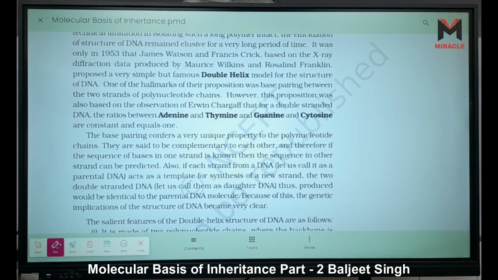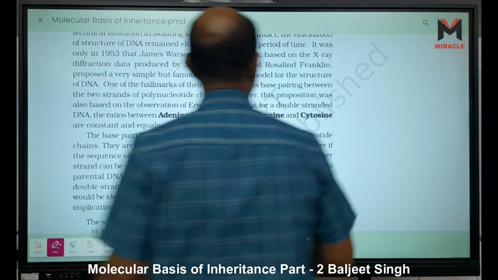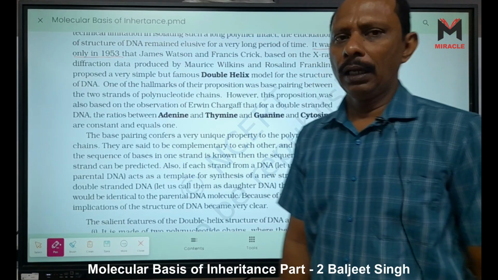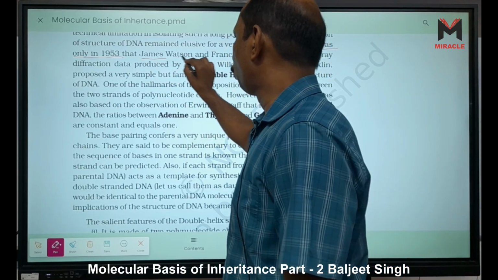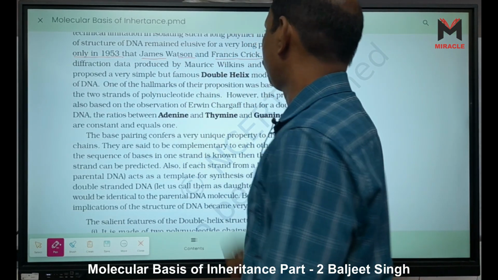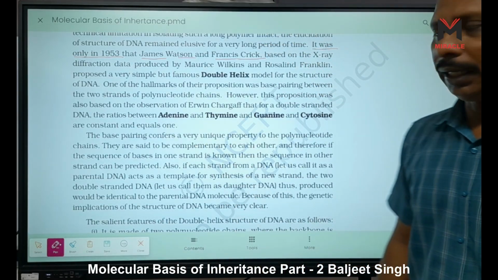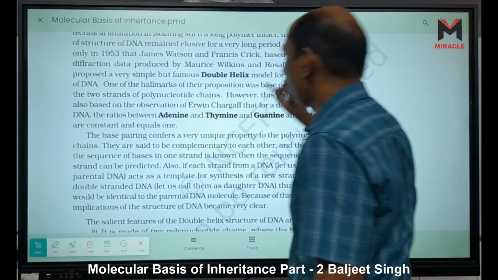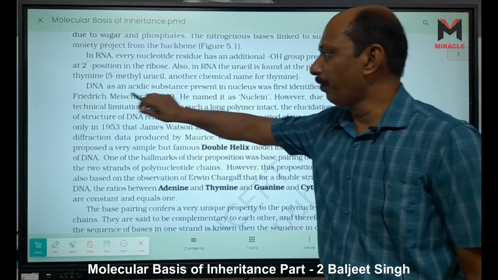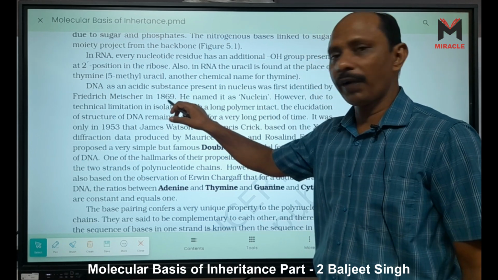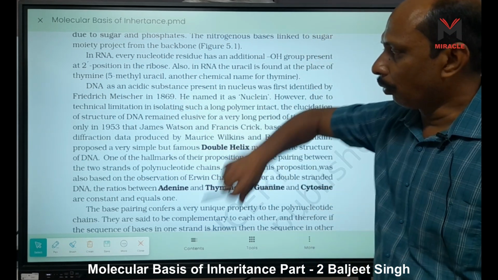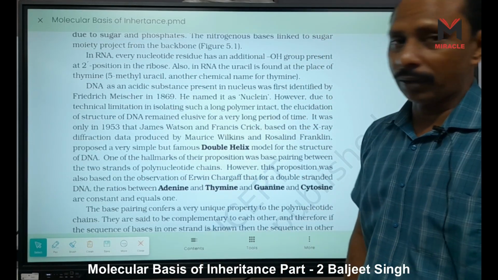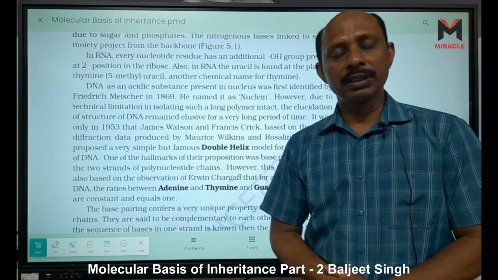It was only in 1953 that James Watson and Francis Crick came up with it. You can understand how long it took: 1869 Friedrich Miescher identified this nuclein, and nearly 90 years after, until 1953, we had no idea about the structure of DNA.